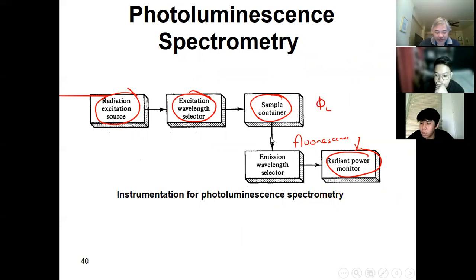So the specific wavelengths from an external radiation source are isolated by the excitation wavelength selector to excite the analyte in the sample cell. And then the emission wavelength selector selects the wavelength band where your analyte fluorescence is concentrated and passes it through the radiant power monitor.